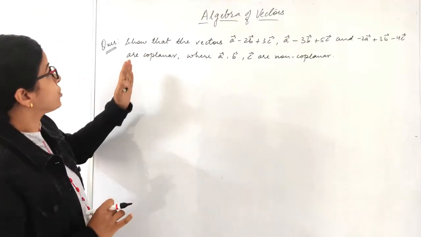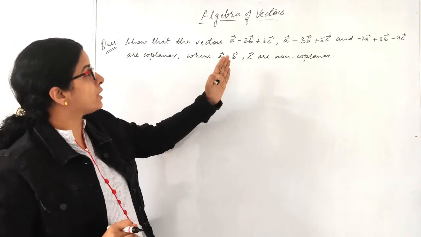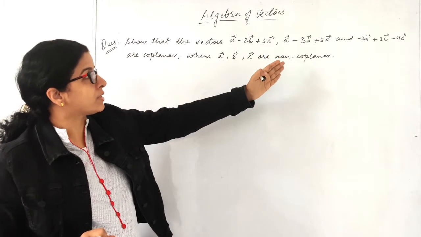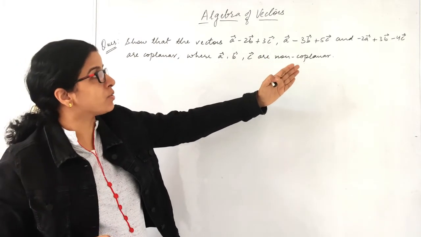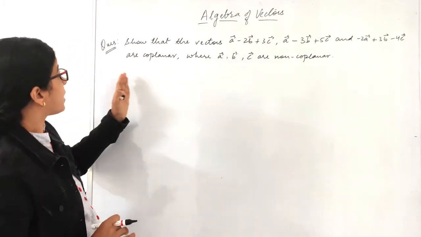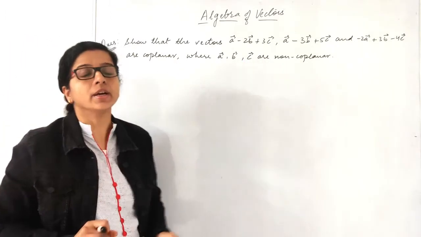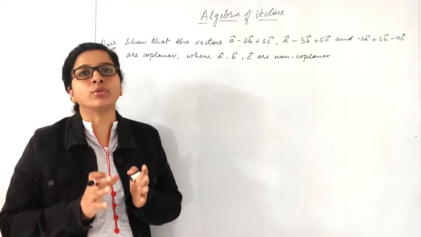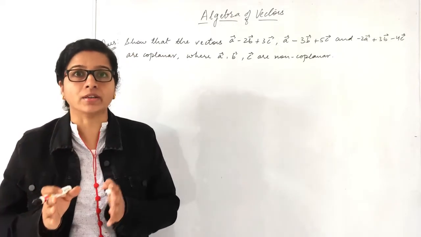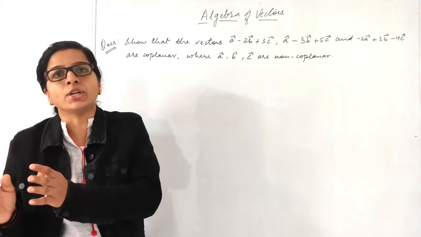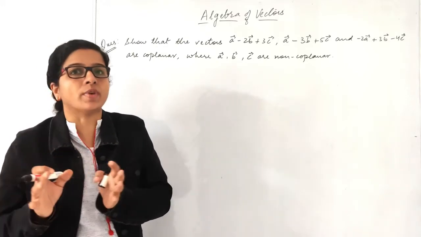Let us take this question. Show that the vectors A vector minus 2B vector plus 3C vector, comma, A vector minus 3B vector plus 5C vector, and minus 2A vector plus 3B vector minus 4C vector are coplanar, where A, B, C are non-coplanar, right? Whenever we talk about the coplanarity of 3 vectors, we write one of the vectors as a linear combination, or the sum, of the other 2 vectors, right?